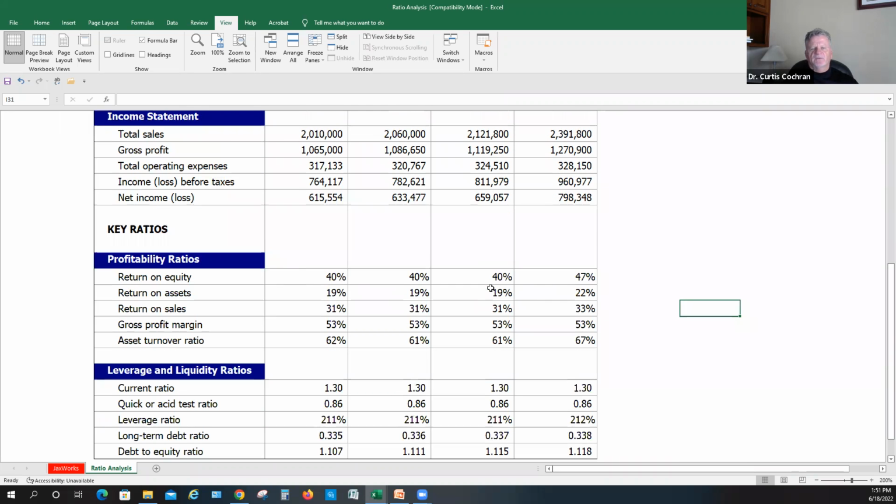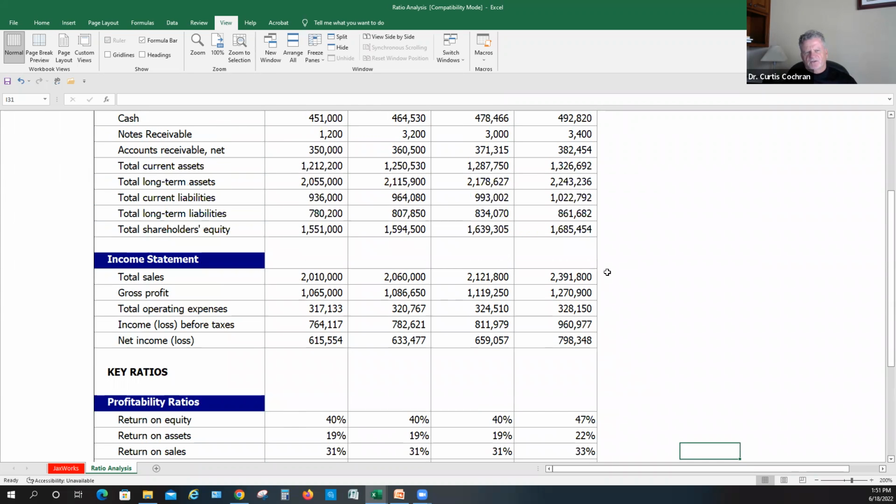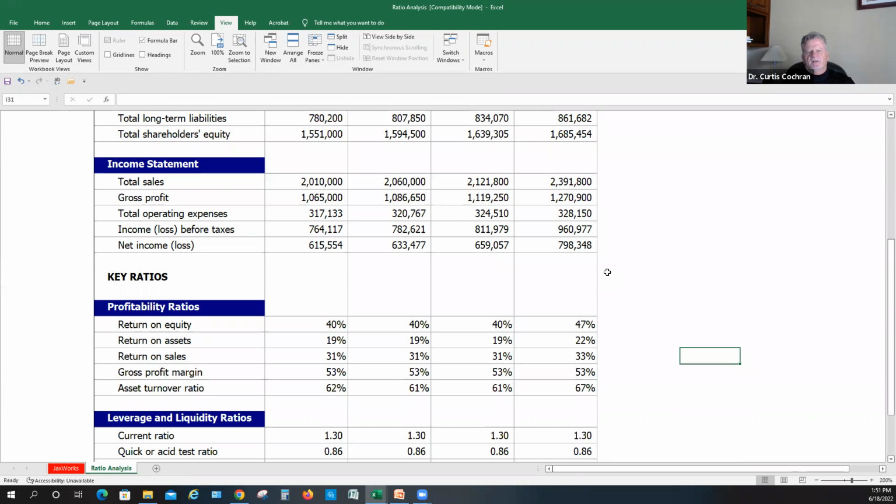We have profitability ratios. Now, based on the numbers, the balance sheet and income statement, we have the profitability ratios. Return on equity. Notice that this is actually increasing a little bit. Return on assets, return on sales, gross profit margins, asset turnover ratio. Okay.